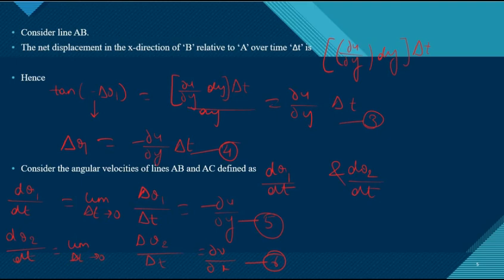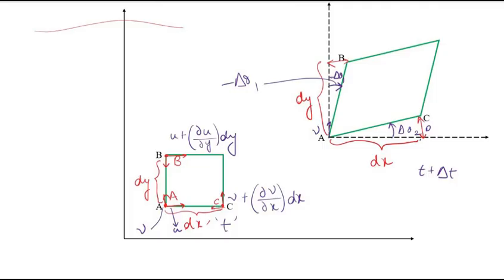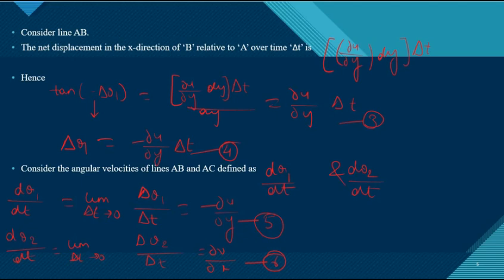Angular velocity of the fluid element, as you can see in that xy plane, is nothing but the average of angular velocities of line AB and AC. So if I want to take the angular velocity of this whole fluid element, it would be the average of angular velocities of line AB and AC.